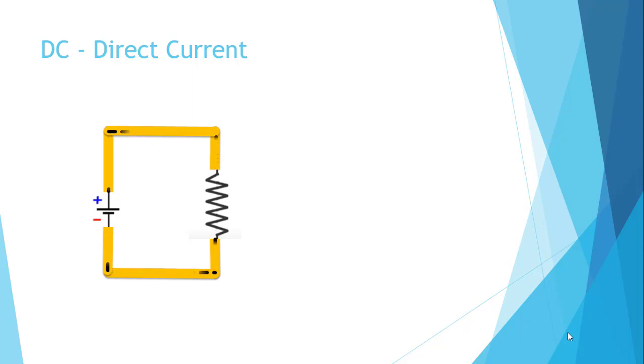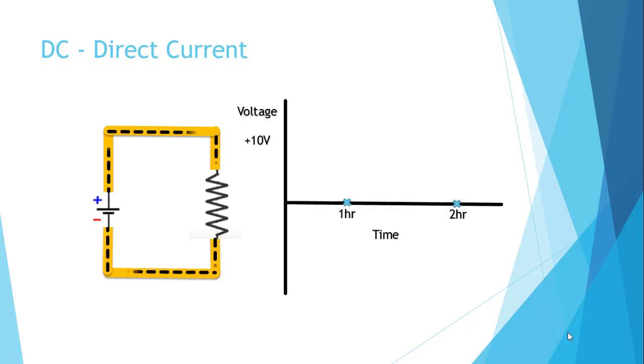As you just saw, the current flows from the positive terminal to the workload, and from that workload again it flows back to the negative terminal of the battery. If we happen to plot a graph, then you will get something like this.